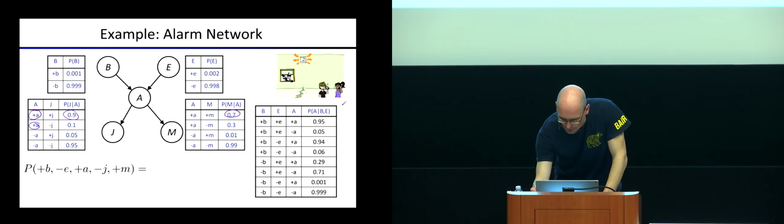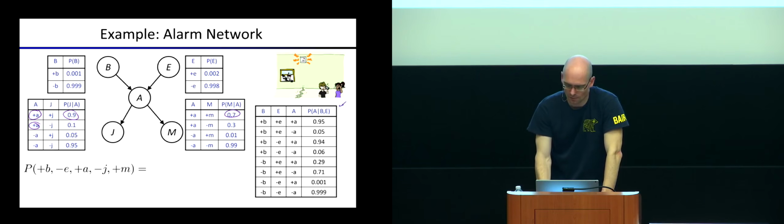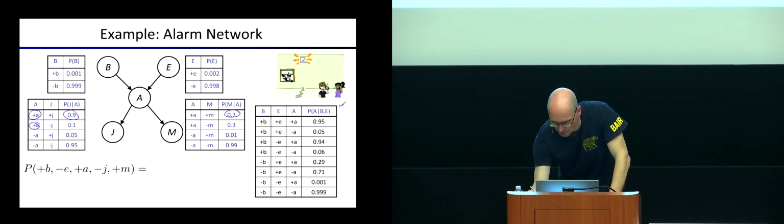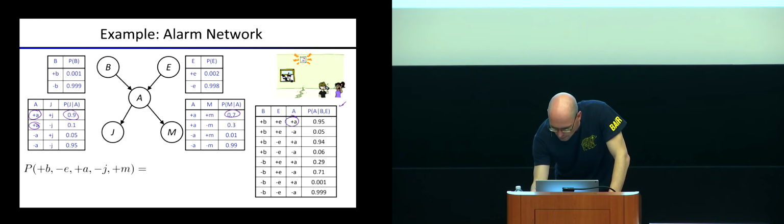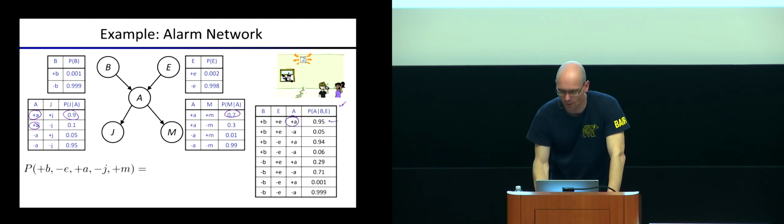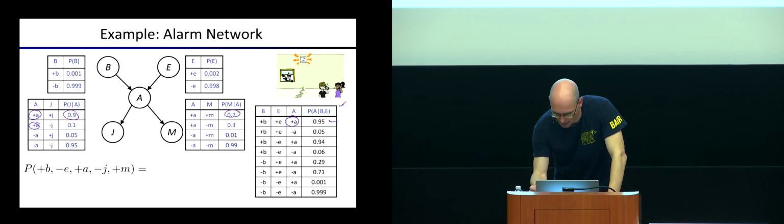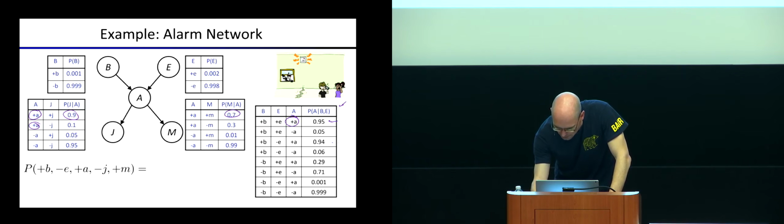Here's the bigger table. This one encodes the conditional of alarm given burglary and earthquake. The highest probability of plus A, the alarm going off, is 0.95, and it happens when both burglary and earthquake are happening. If it's just burglary, it already has a high chance of going off.